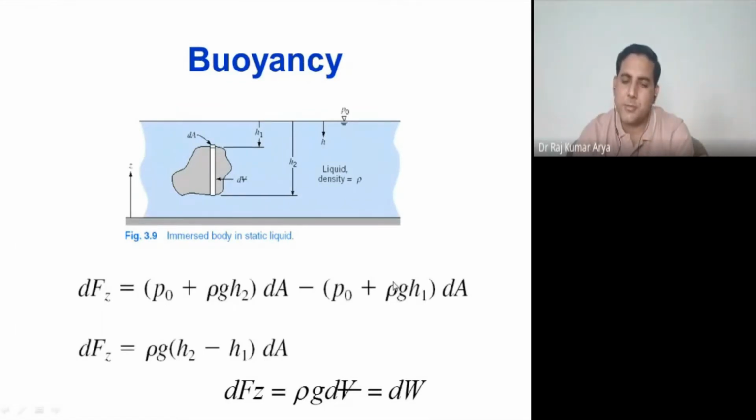The difference of the two is rho g (h2 minus h1) into dA. Since h2 is larger, the total magnitude comes out positive. Therefore dF will go upward, so this body will go upward. Fine. So you get the upthrust force, which is called buoyancy.